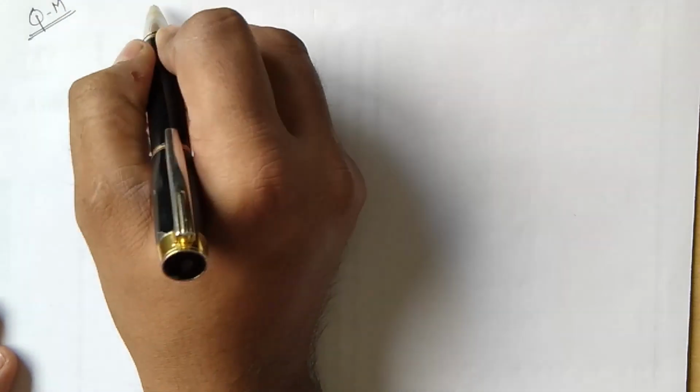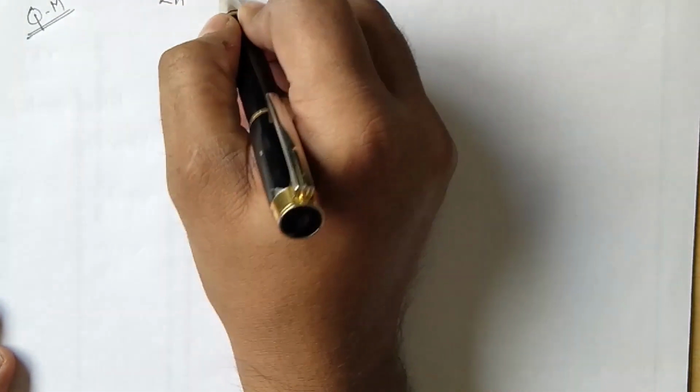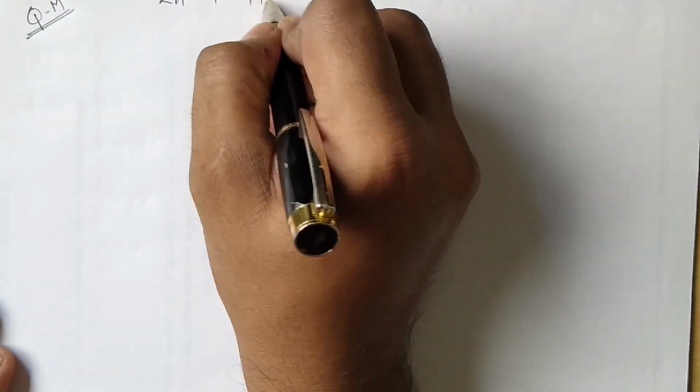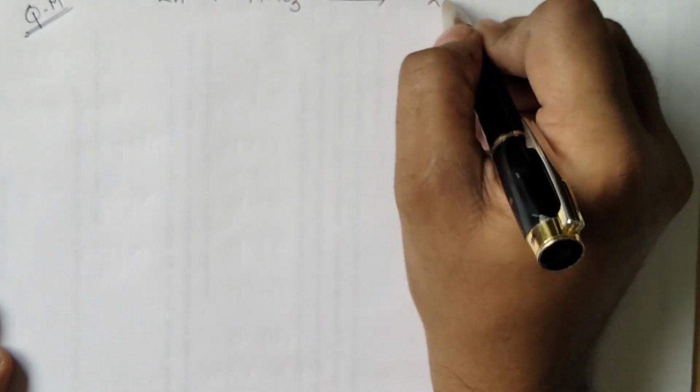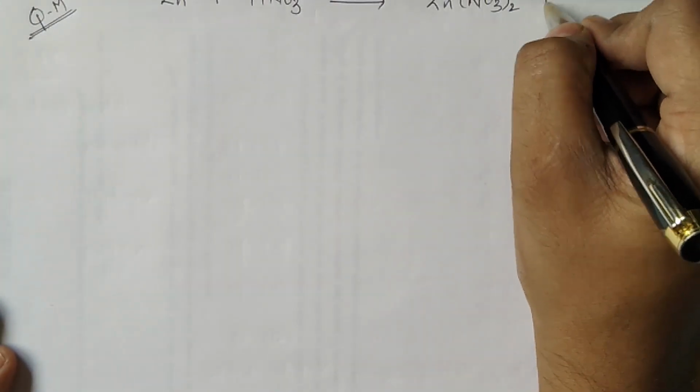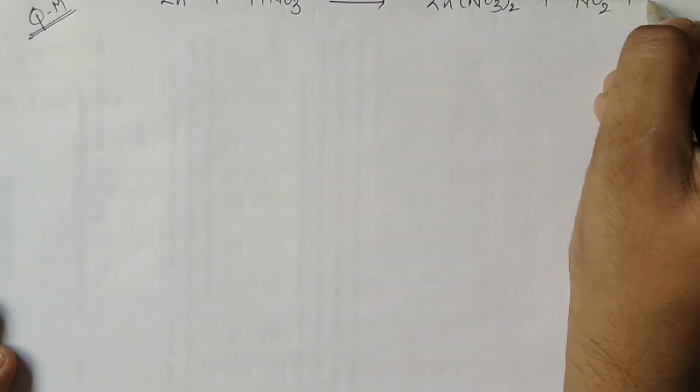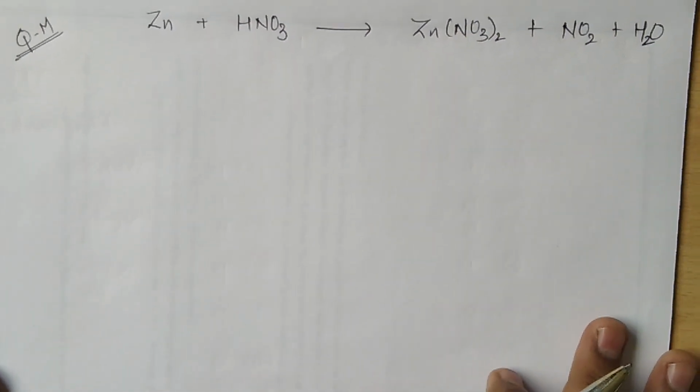For the quadratic method, I am having Zn plus HNO3, that gives Zn(NO3)2 plus NO2 plus H2O.